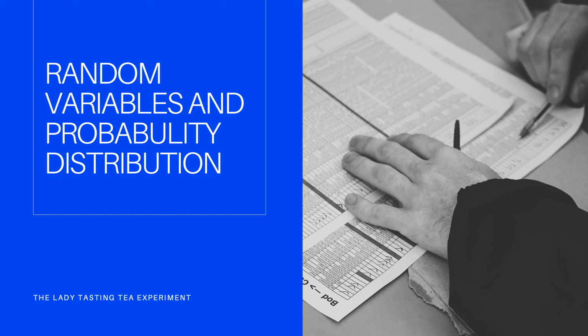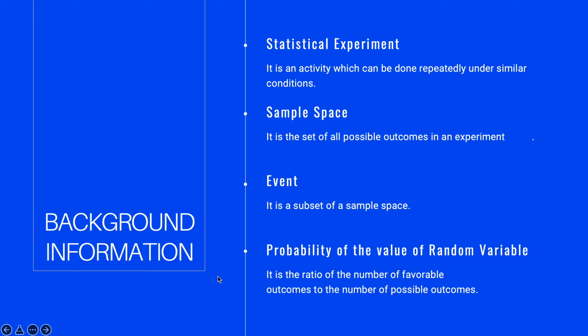We will now proceed to the first lesson of your week 1 in this third quarter, no? This is random variables and probability distribution. Okay. So, background information muna tayo. Magdi-define muna tayo ng mga kakaunting terms na ginagamit for your statistics.